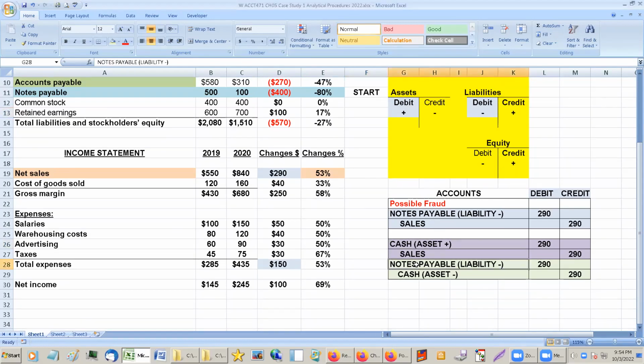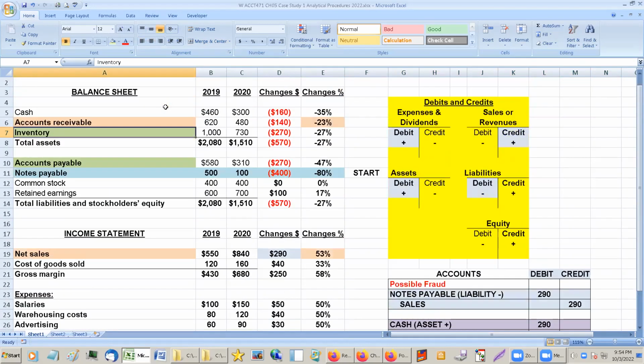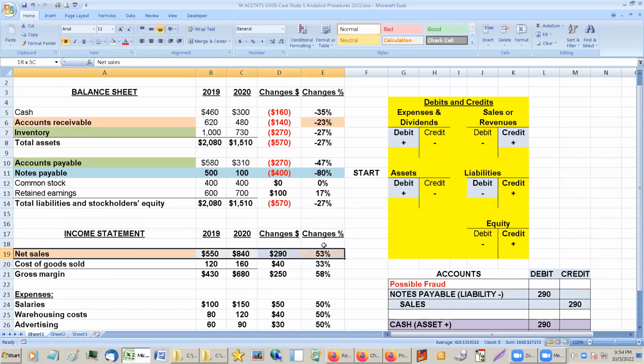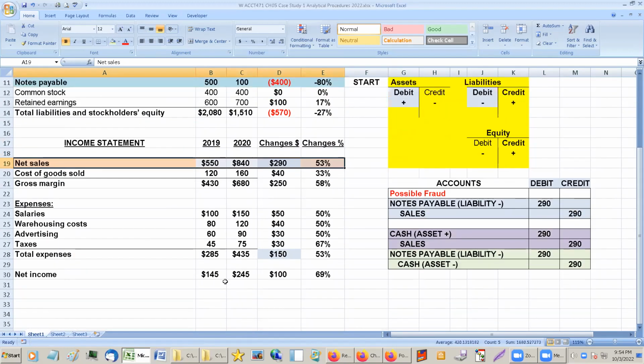You could be looking just for this if they weren't paying it too much attention, but yeah, probably more likely this. So this would be kind of what you would probably start out with, looking at notes payable. Now you definitely look at these other things too, though. These accounts receivable and the sales, why didn't those go together? So here would probably be your list.